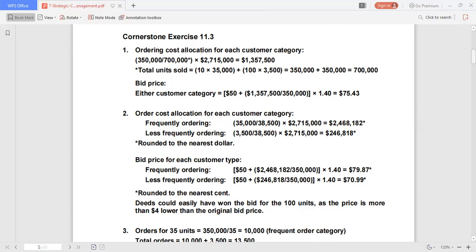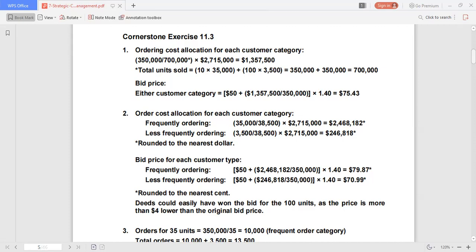So all in all, you get 350,000 plus 350,000, a total of 700,000 for the total units sold. So 350,000 for each customer category over the total of 700,000.